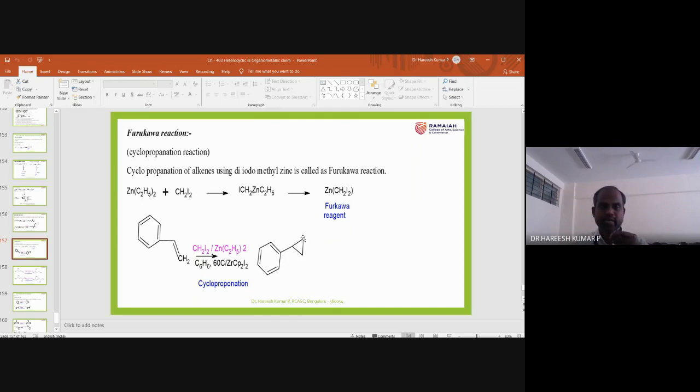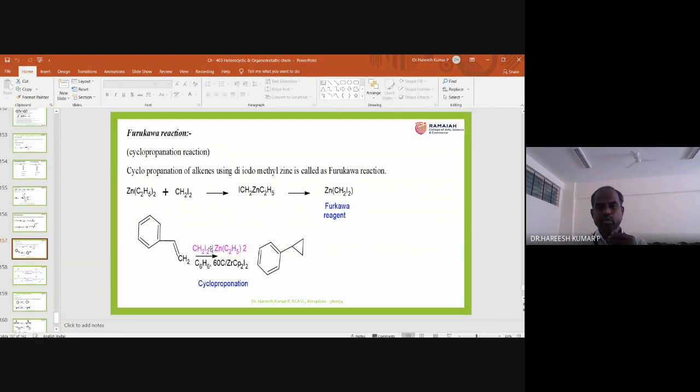So here I will also take one more name reaction. Temperature 60 degrees, and this is again a catalyst. And C6H6 is benzene, it's a solvent.